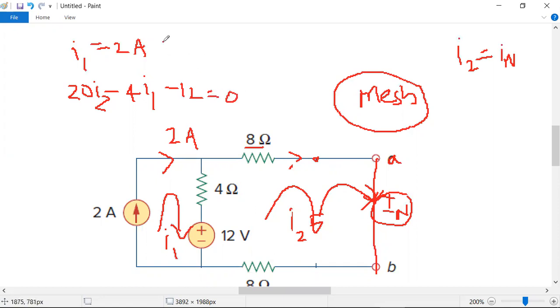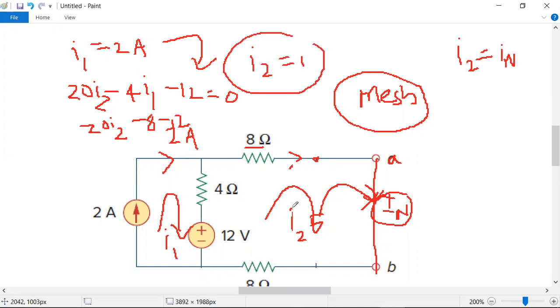If I substitute I1 equals 2 from the first equation into the second, then 20 I2 minus 8 minus 12 equals 0, so I2 becomes 12 by 12, which is 1 ampere. I2 is 1 ampere. Since I2 equals IN, IN is equal to 1 ampere.